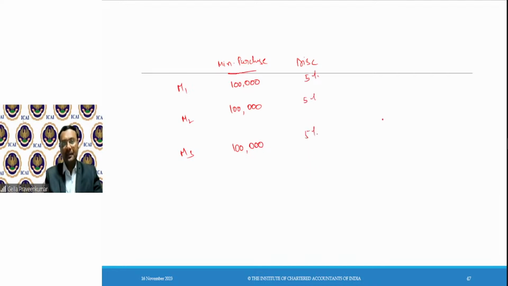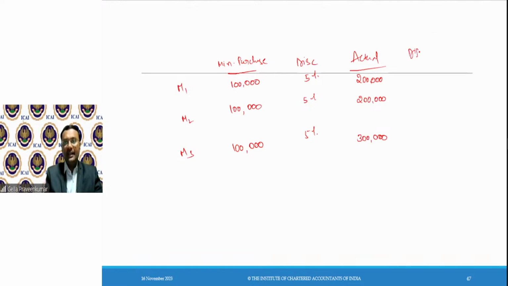This is how they have given. Actual purchase: in month 1, I have made for 2 lakh. Month 2, I have made for another 2 lakh. Month 3, I made for 3 lakh.